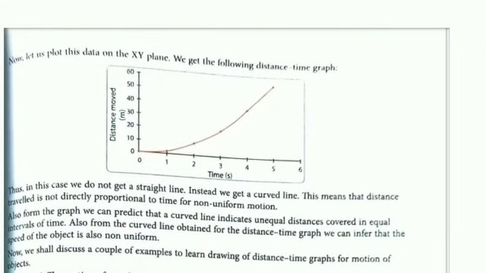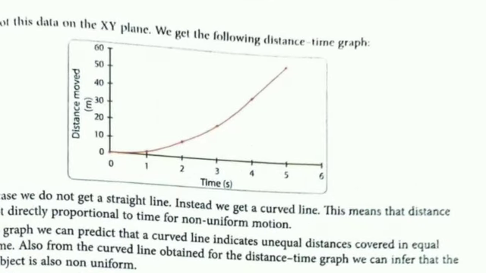Look. Now let's plot this data on the XY plane. We just put the data which we have got from the question. Distance moved 10, 20, 30, 40, 50. The dots are 10, 20, 30, 39, 60. And time is 0, 1, 2, 3, 4, 5.